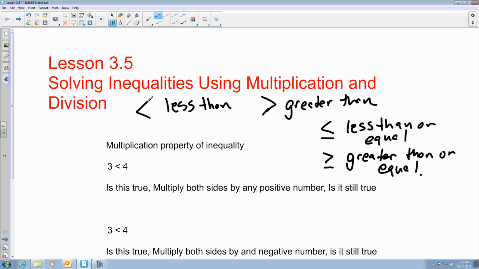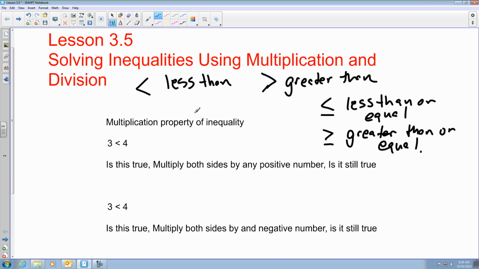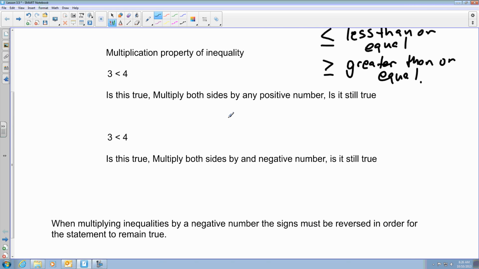So, first thing we're going to talk about is the multiplication property of inequalities. One of the statements that I have over here says when multiplying an inequality by a negative number, you must reverse in order for the statement to remain true.